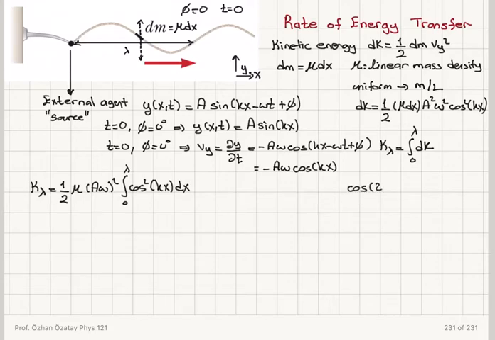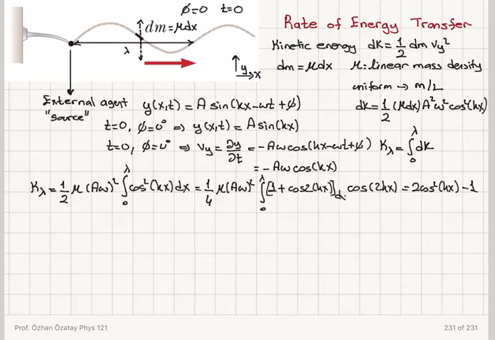Cosine 2kx is equal to 2 cosine squared kx minus 1. So for this one I can write 1 over 4 mu A squared omega squared integral from 0 to lambda of 1 plus cosine 2kx dx.